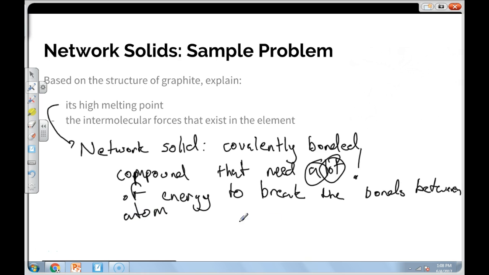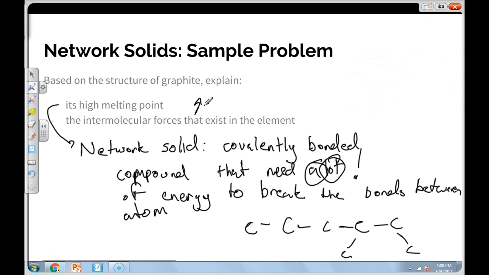Okay, so again, the idea here is that graphite is this huge chain of carbon atoms, just all bonded together, and those aren't going to come apart very easily.